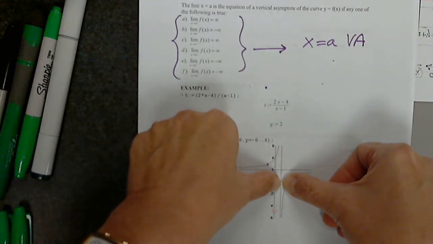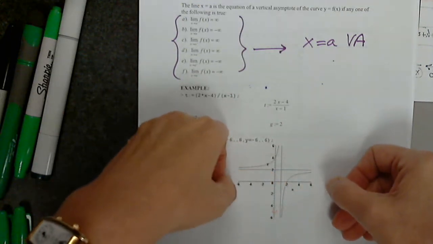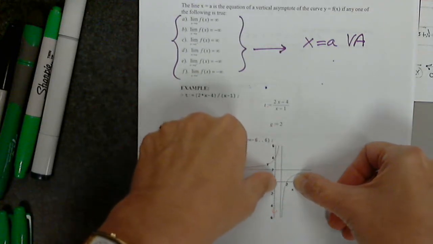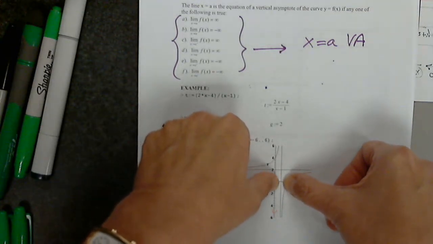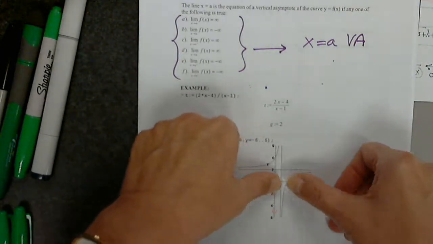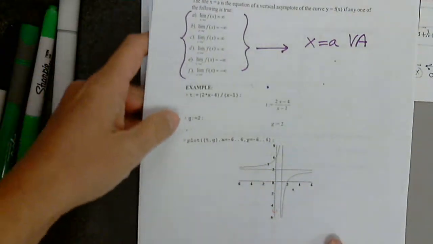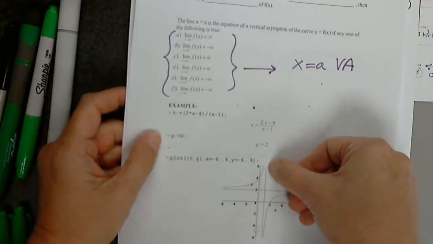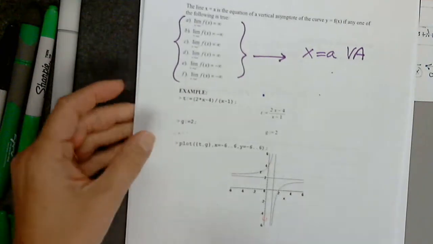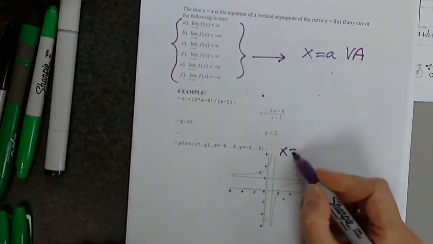As x approaches 1 from either side, what would you say the limit is? It's DNE. We don't say undefined. I know what you mean, but we have to say DNE. Yes, it does not exist. Very good. So that's why x equals 1 for this function is a vertical asymptote.